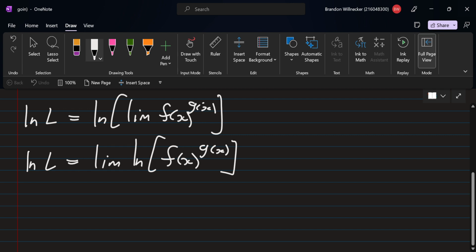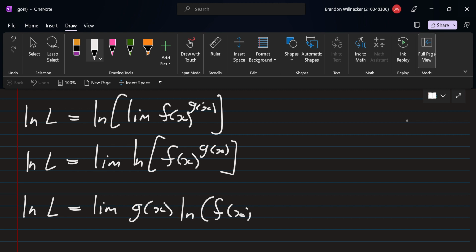Now since we've got an exponent there, we can take it out of the logarithm. So if we had something like the natural log of x squared, we can take the 2 down and it will be 2 times the natural log of x. That's just your log laws. So here we get the natural log of L is equal to the limit of g of x times the natural log of f of x.